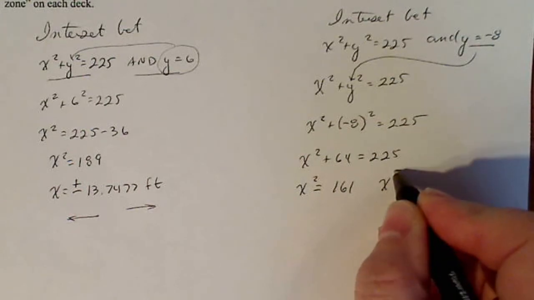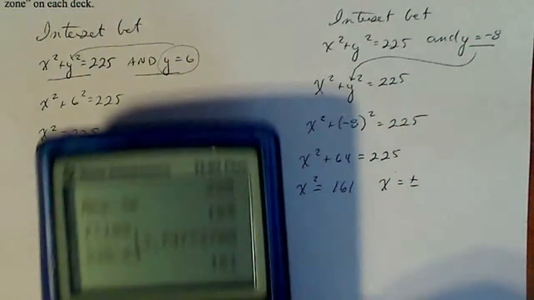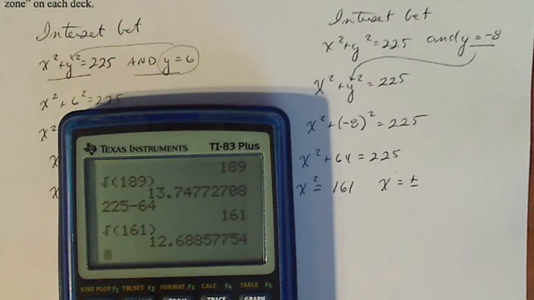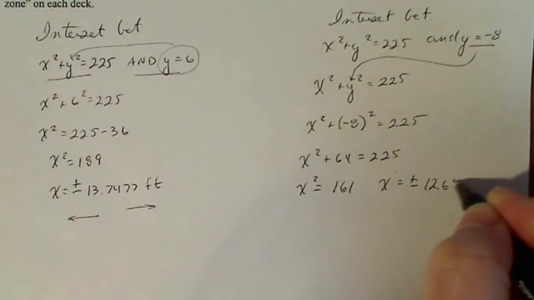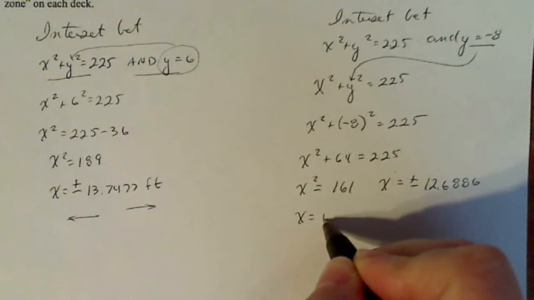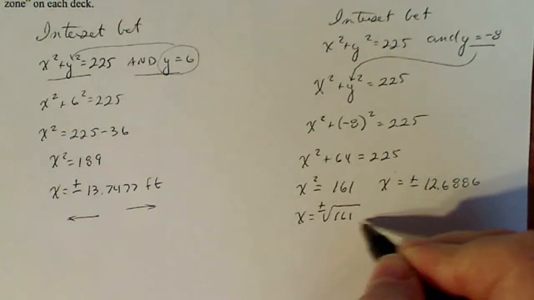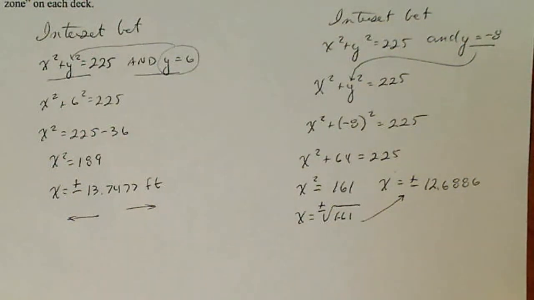In this case, x is going to equal plus or minus the square root of 161, which is 12.6886. Remember, the minute that you put that square root symbol on your paper to solve a problem, the plus or minus has to go in front of it. That's where that's coming from in both cases.